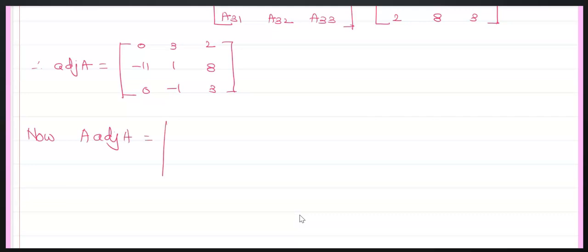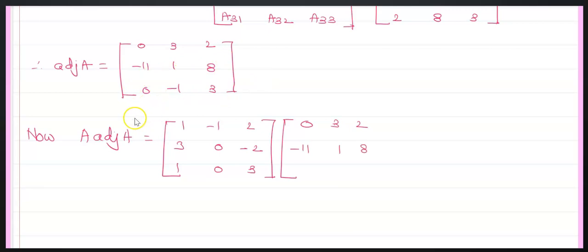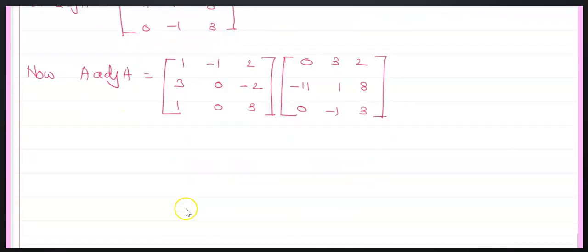Now we'll verify A into adjoint of A. The matrix is 1, minus 1, 2, 3, 0, minus 2, 1, 0, 3, multiplied by 0, 3, 2, minus 11, 1, 8, 0, minus 1, 3.